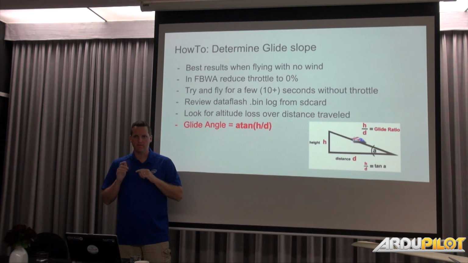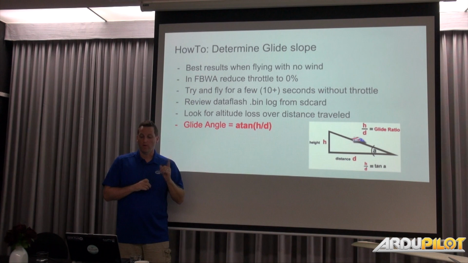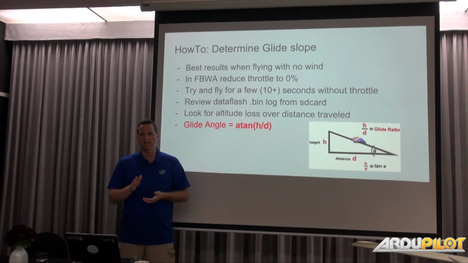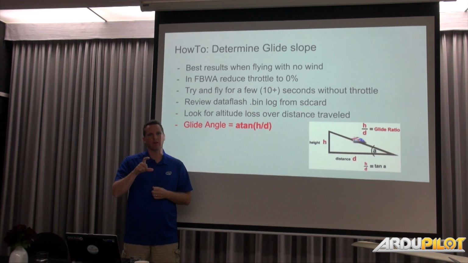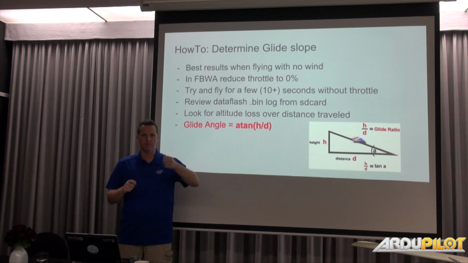So the method is fly-by-wire A, and this assumes we've already done auto-tune, where you figure out the PIDs on the roll and that sort of thing. Fly-by-wire A will keep you flying around, but the A means the throttle is controlled by the joystick, so you can actually cut the throttle, as long as your throttle min is set to 0.